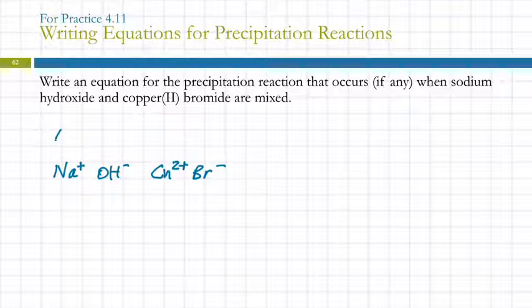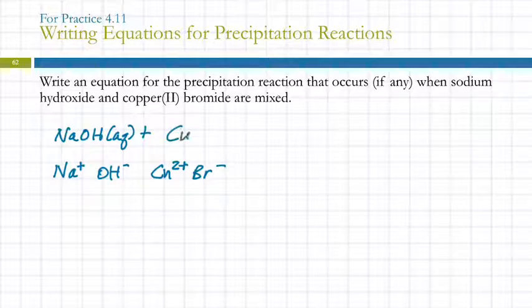And so we put those together, we get NaOH. That's aqueous, soluble, and copper bromide. Bromide compounds are soluble except with lead, silver, or mercury. This isn't one of those. Went through that kind of quickly because that's just nomenclature.